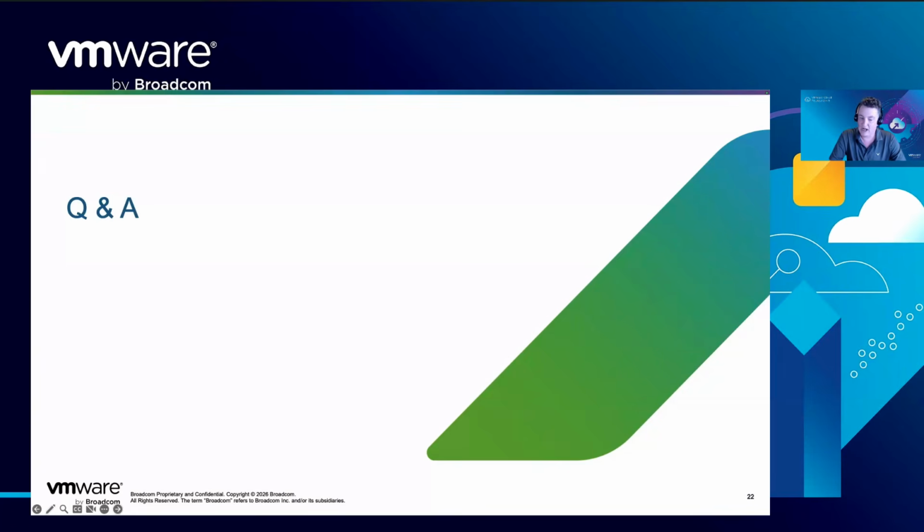And so that's something where in the future, from my understanding, Dell will be able to bring VCF VxRail into version 9. I don't have exact dates or anything like that, but it is coming in the future, from my understanding.